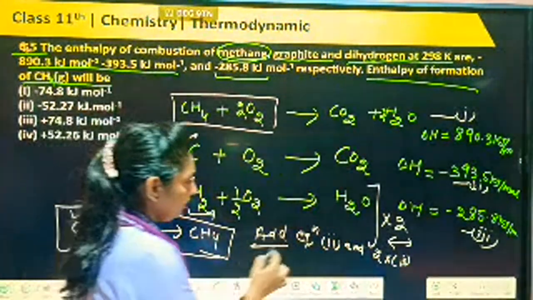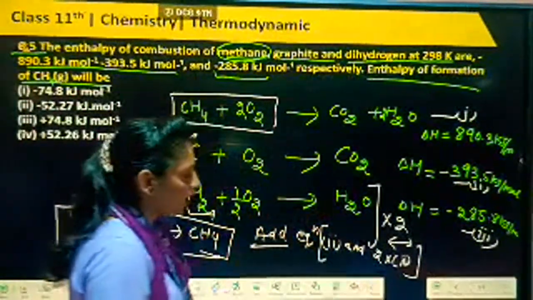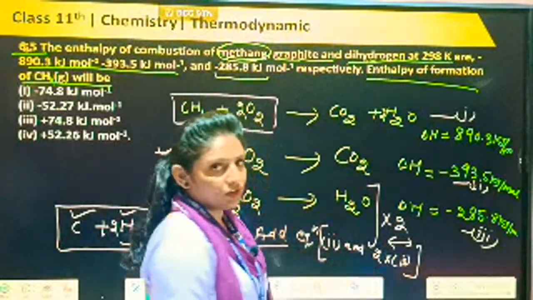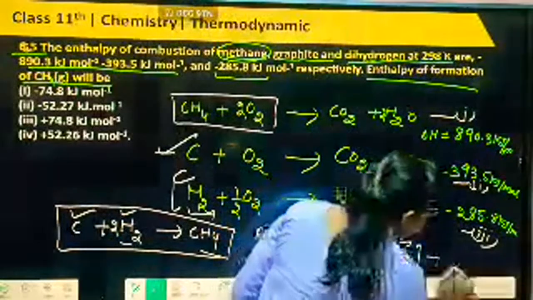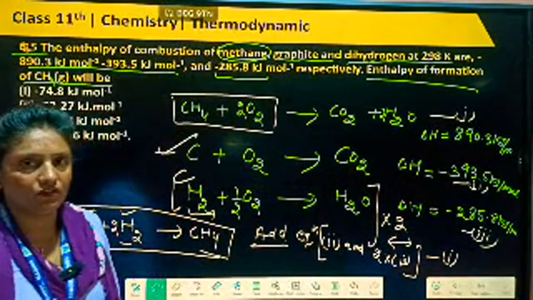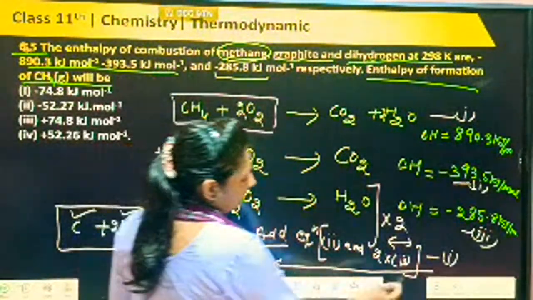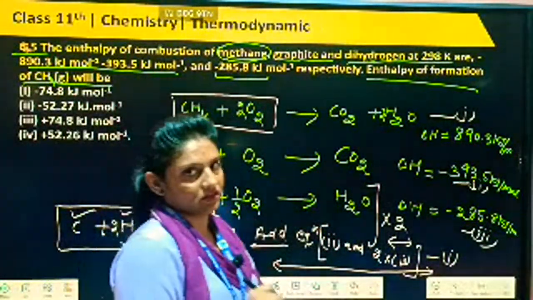Then you will get a value after adding equation 2 and 2 times equation 3. Then subtract equation first. After calculating this, students, you will reach your desired answer.